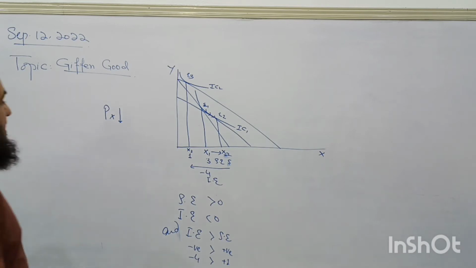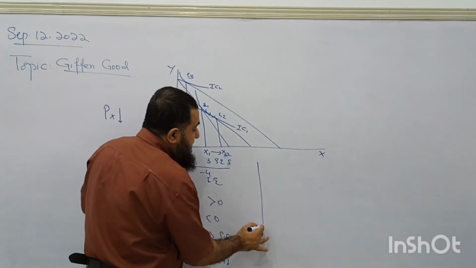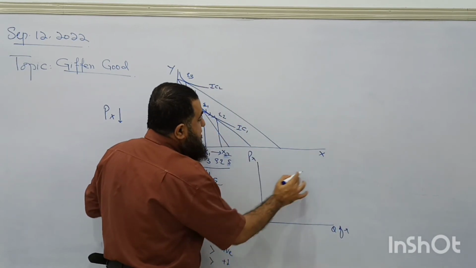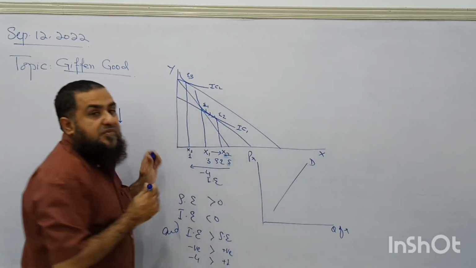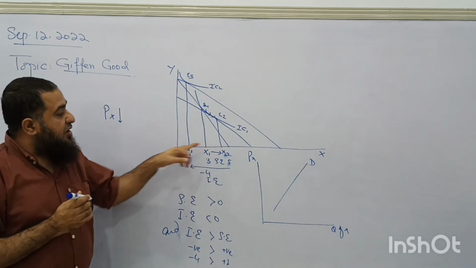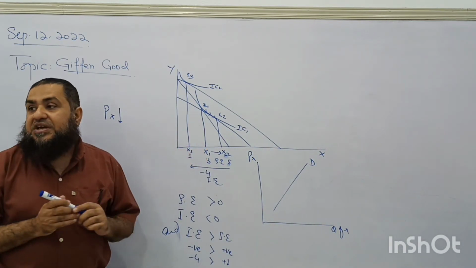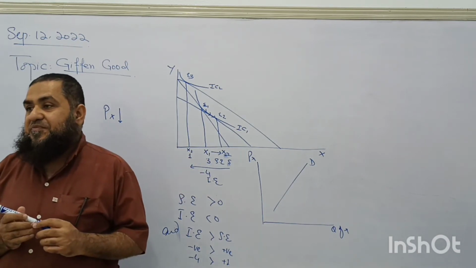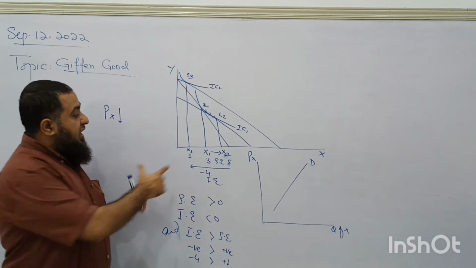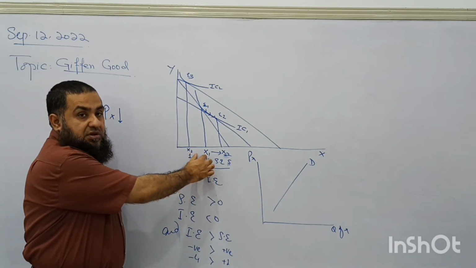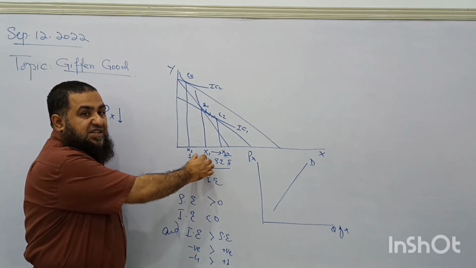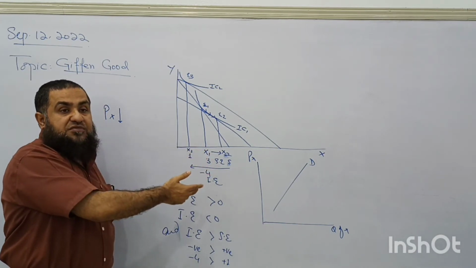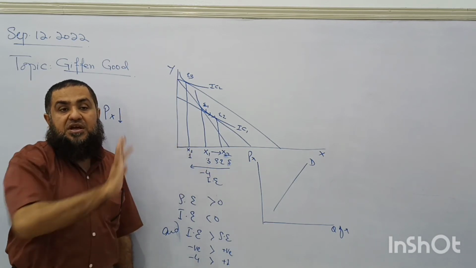Clear? And its demand curve, as we said earlier, is positively sloped. As the price of the product has decreased, he has also decreased its consumption at the final stage. This is the total effect of the price change of a Giffen good, and we have studied how much is the substitution effect and how much is the income effect.